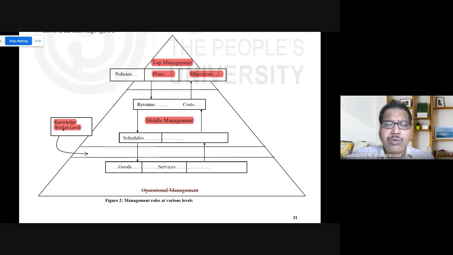If you go for the control function, I can say the control function will work in case of middle level management. If you ask for organization, I can say organizing things depends on the top level management, so they prepare the plans.